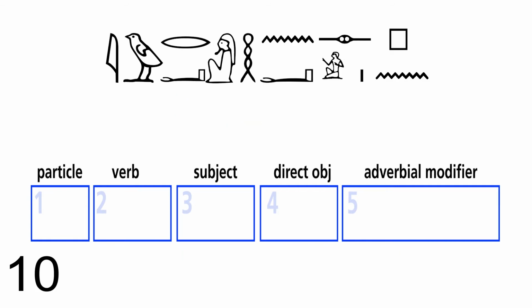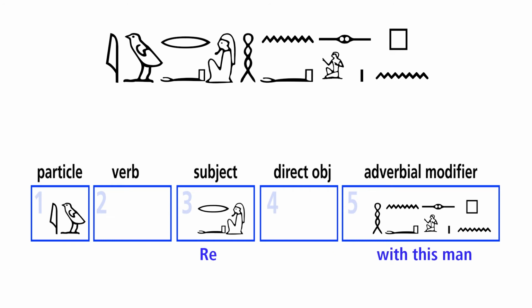Sentence 4. Iw Ra Hna s pn. Just like other adverbial sentences, particle is in slot 1. There's no verb in slot 2.